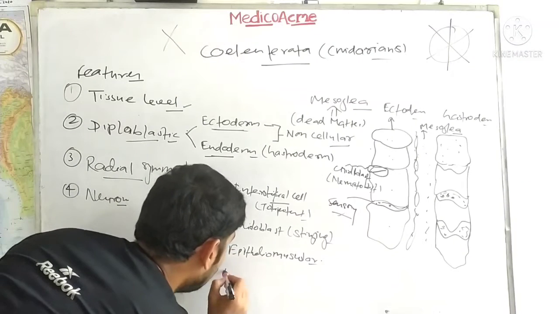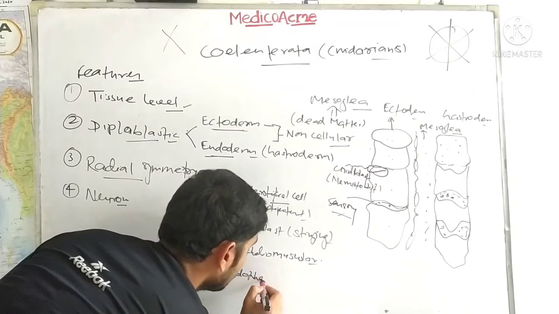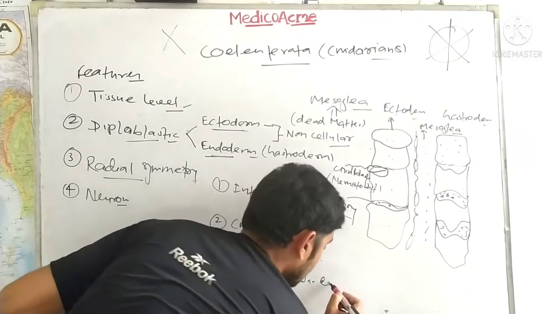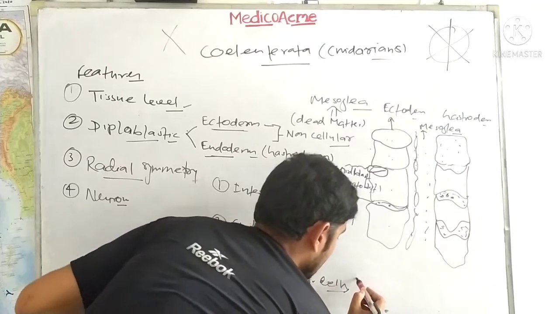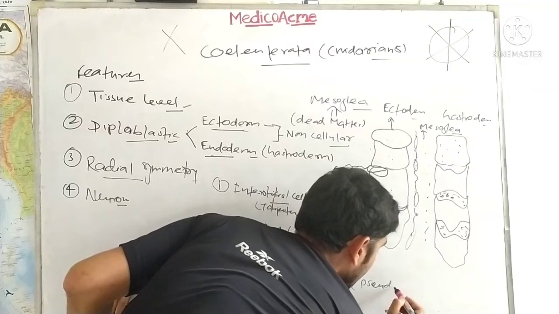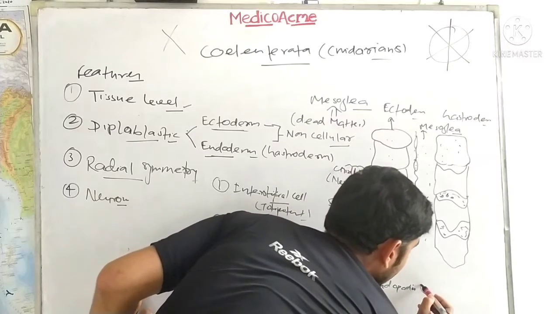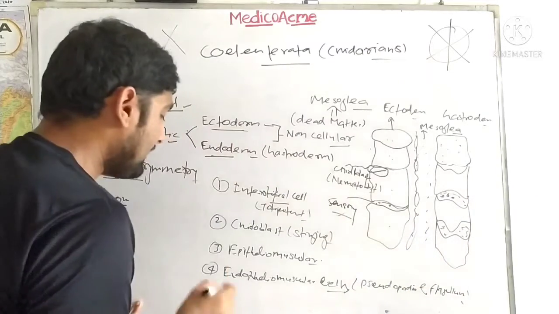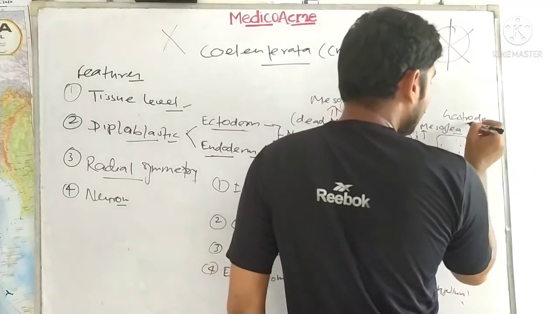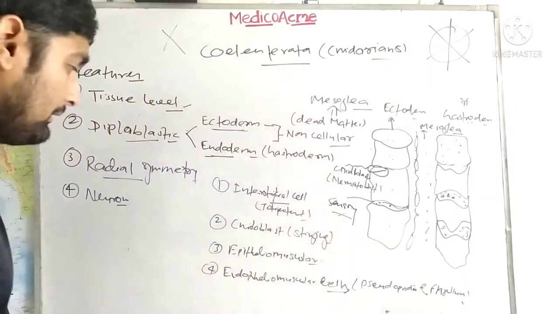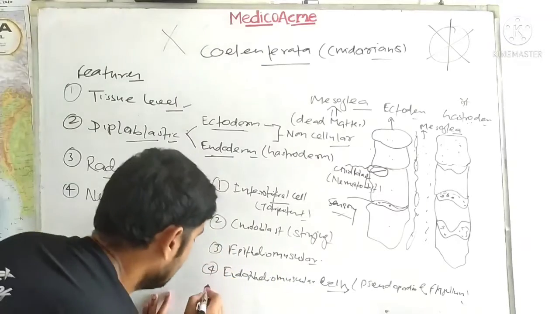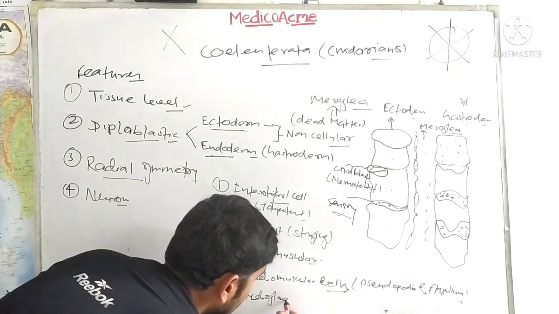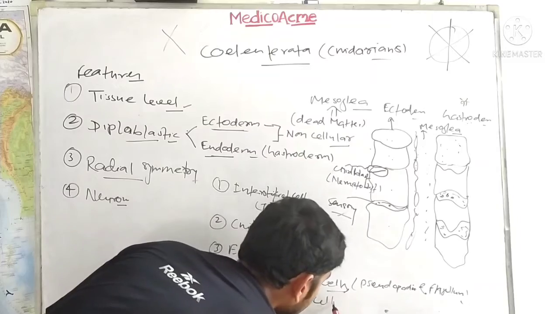Then there will be the endothelio-muscular cells, which have pseudopodia and flagellum for capturing the food. And the gastrodermal layer has the endothelio-glandular cells. So the fifth important cell here is the endothelio-glandular cell. So these five cells are very important.